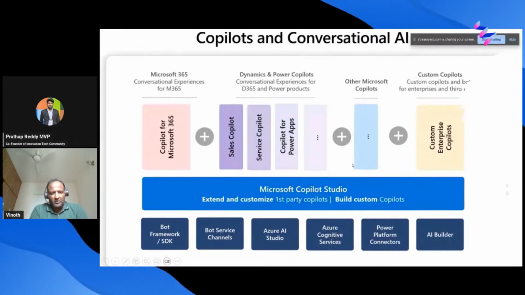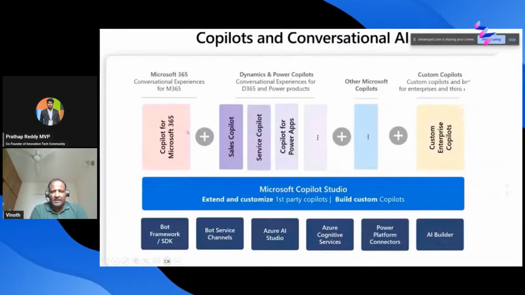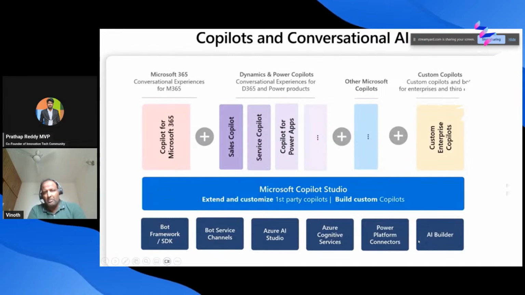So using this Microsoft Copilot Studio, from the area below you can connect any services to integrate into the top layer. Here you can see at the bottom the Bot Framework SDK, Bot Service, other AI Studio, Cognitive Services, Power Platform connector, and AI Builder.